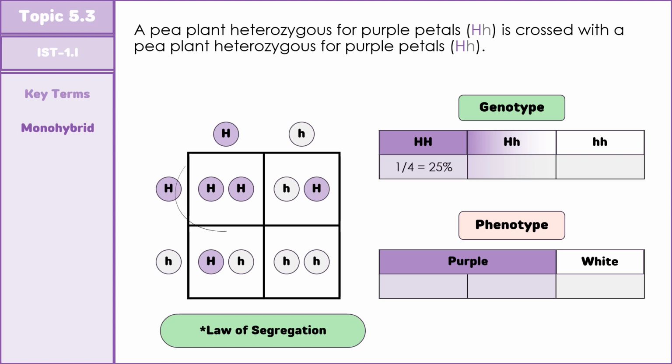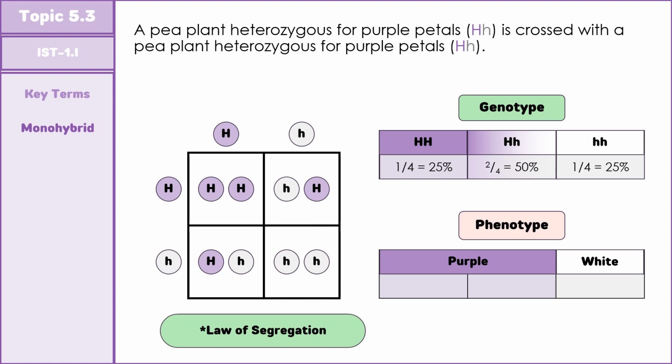So here we have two dominant traits. That's a homozygous dominant, and that is 1/4 of our potential offspring. We have two that are heterozygous, and so that gives us a 50% chance of having a heterozygous offspring. And we have one that is homozygous recessive with those two recessive characters.